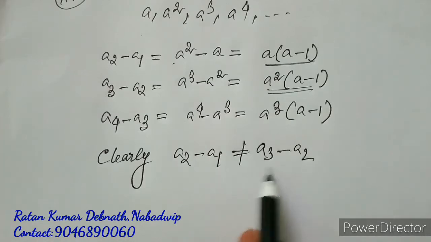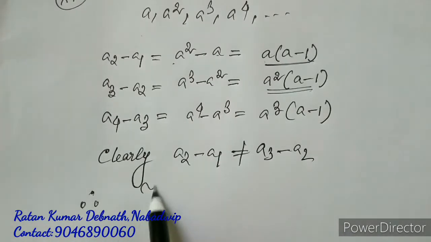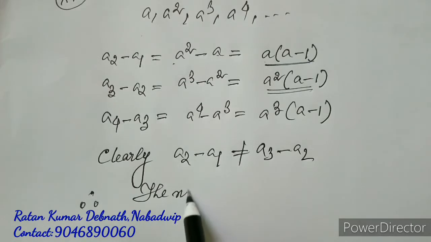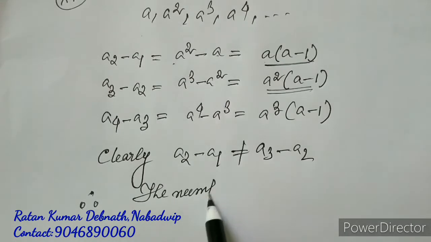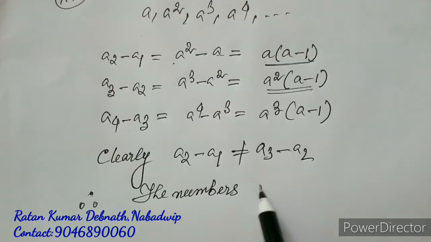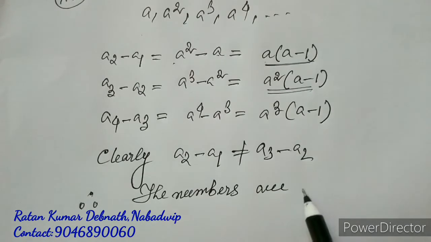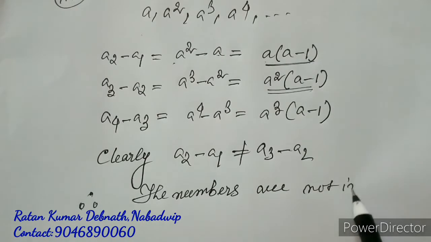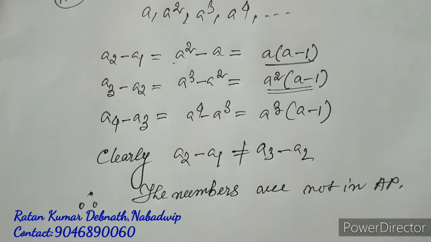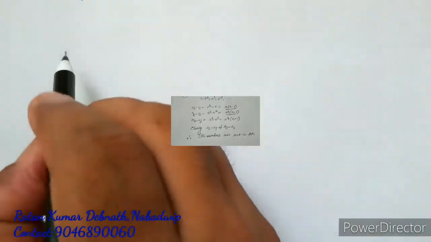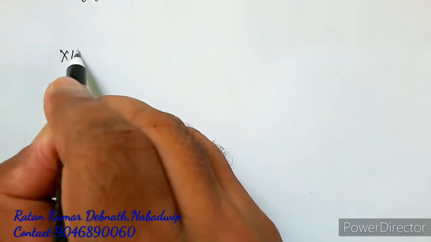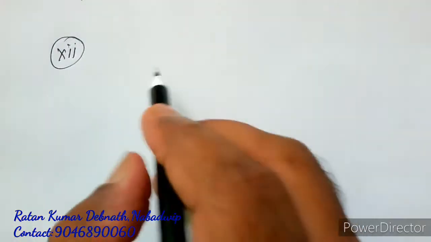So a2 minus a1 not equal to a3 minus a2. Therefore, the numbers are not in AP.